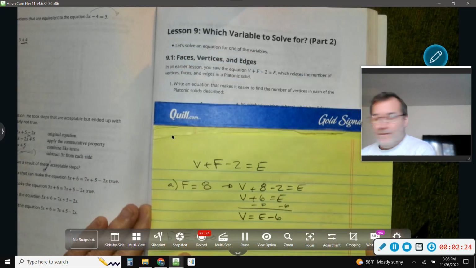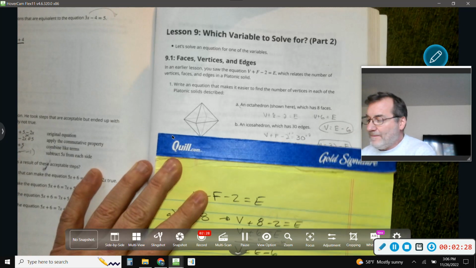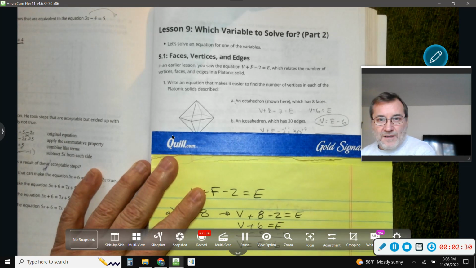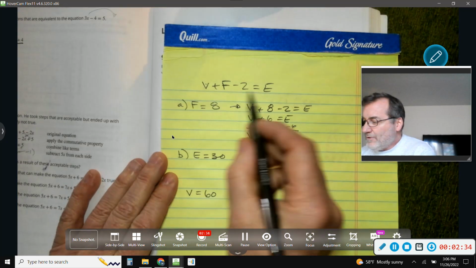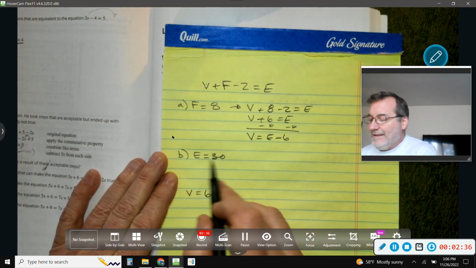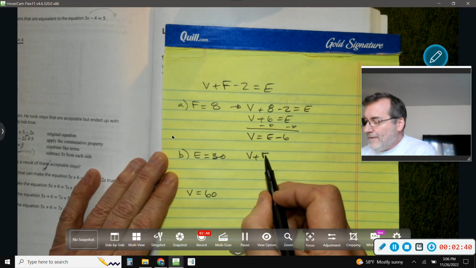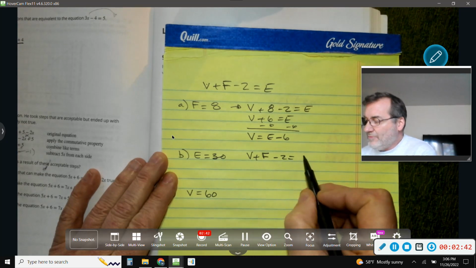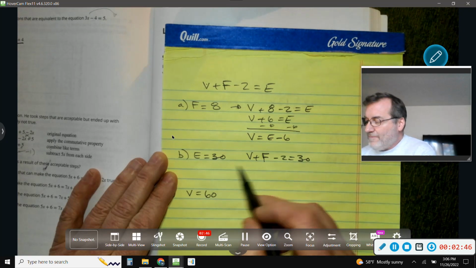I'll just pan down here. This is what our answer gets to be. The second one says the icosahedron has 30 edges. Again, we're going to start with this equation, only we substitute E in right here. So V plus F minus 2 equals 30. Again, we're going to solve for V, the vertices.